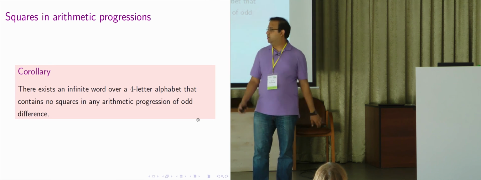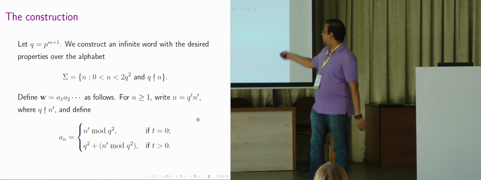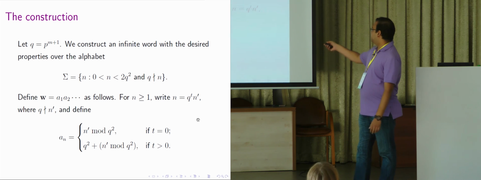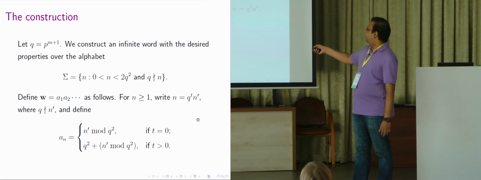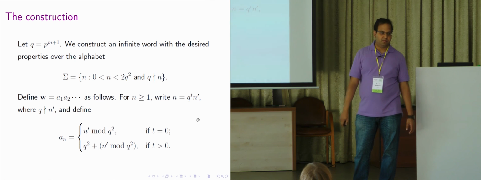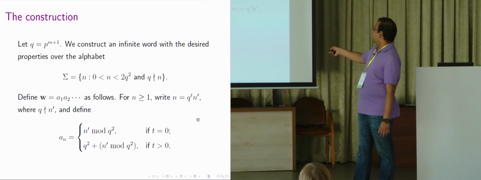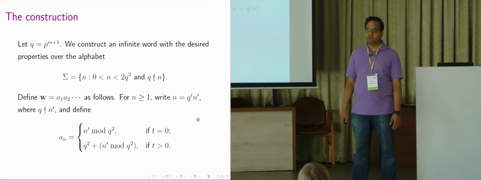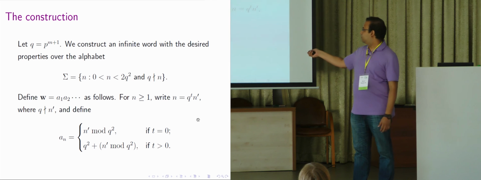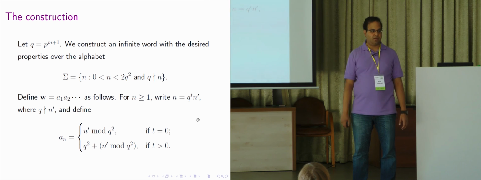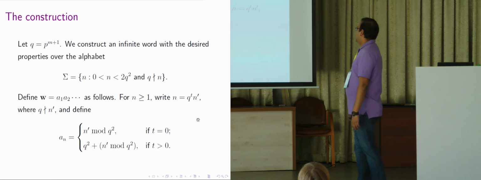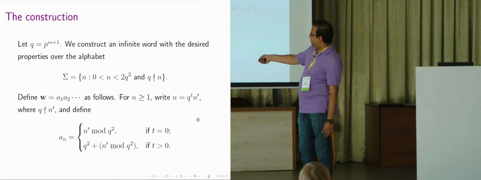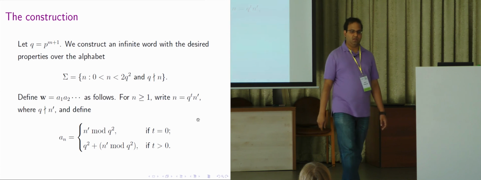For larger p, you will need a larger alphabet because, let me remind you the construction. We first define q to be p to the m plus 1. And this is our alphabet, right? Our alphabet are these numbers between 0 and 2q squared. So if p is larger, you need, of course, a larger alphabet here. And now this is the rule to define the nth term of this sequence.